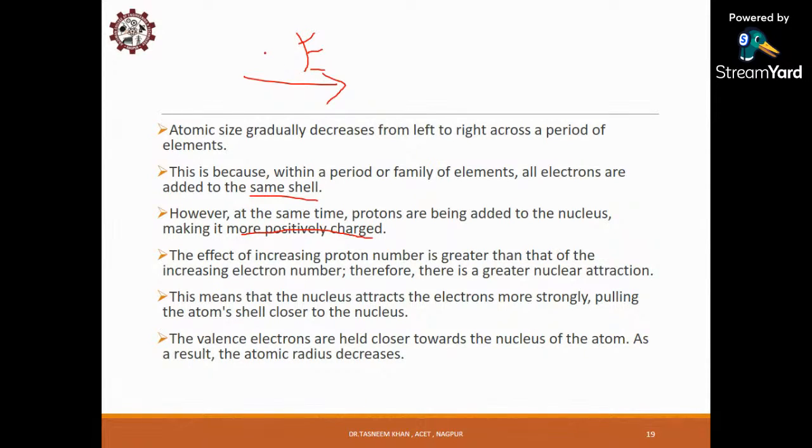So the charge on the nucleus keeps increasing, therefore the size becomes smaller when you move from left to right. Okay, so there will be a greater nuclear attraction. The nucleus attracts the electrons more strongly, pulling the atom's shell closer to the nucleus. So the valence electrons are held closer towards the nucleus of the atom. As a result, the atomic radius decreases.